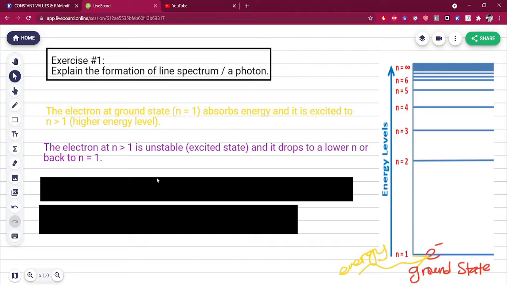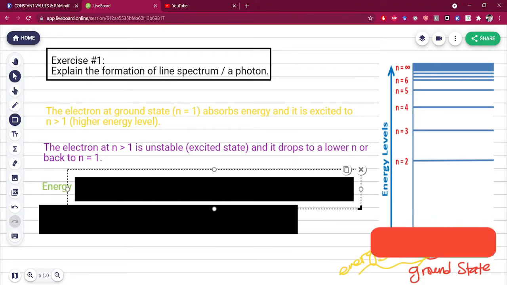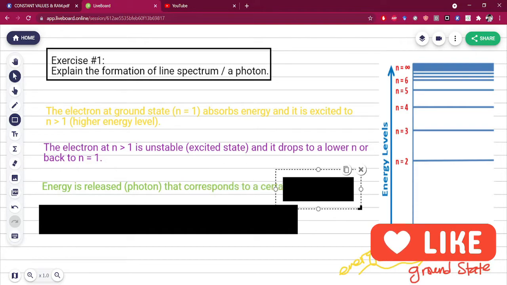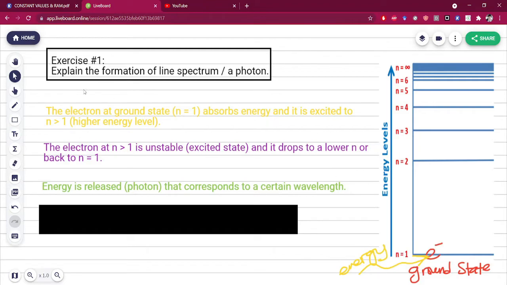And for the third point, the energy is released in the form of photons that correspond to a certain wavelength. So if the electron from a higher energy level drops to a much lower energy level, energy will be released in the form of photons, and that will have a certain wavelength as well.